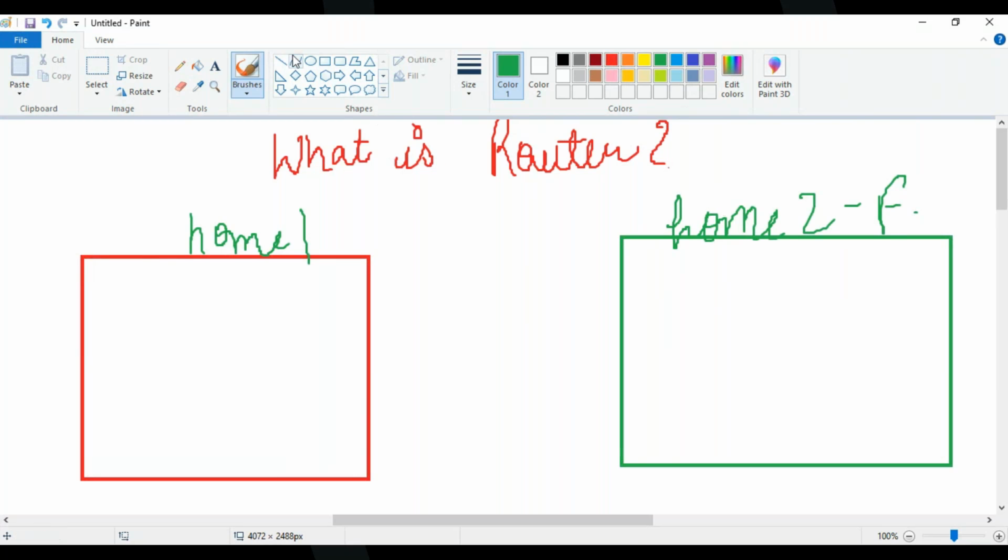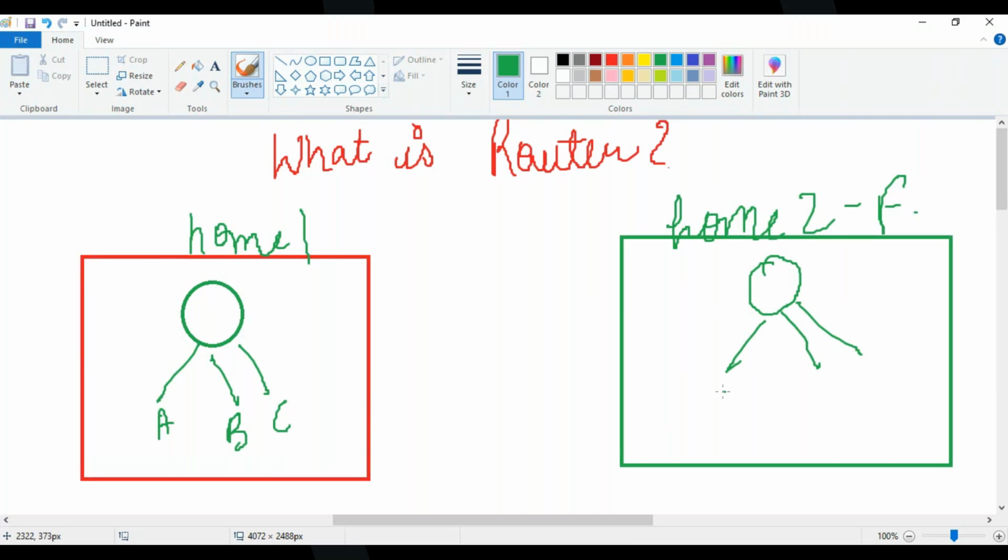Here, guys, this is your switch, because I told you we don't use hub nowadays. This is the switch, and 3 devices are connected to it: A, B, and C. And again there is a switch, and again 3 devices are connected to it: D, E, and F, right?